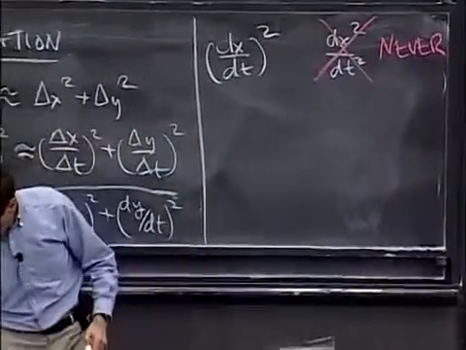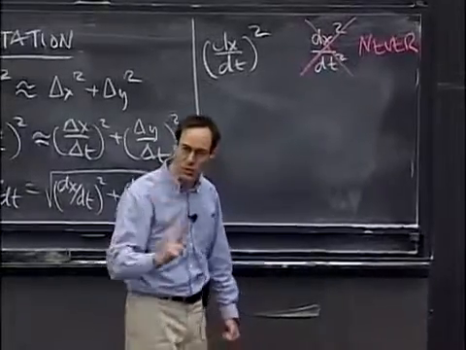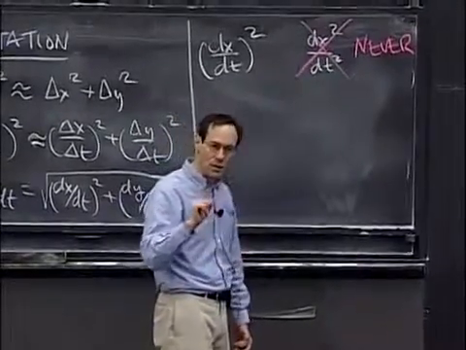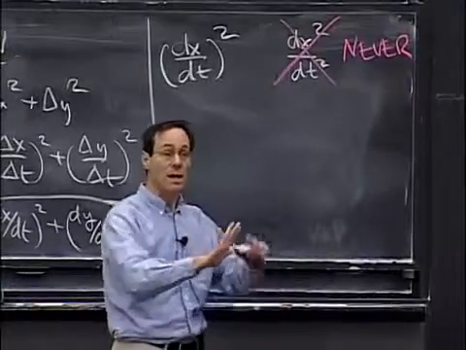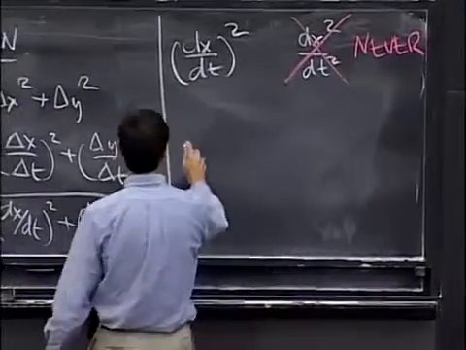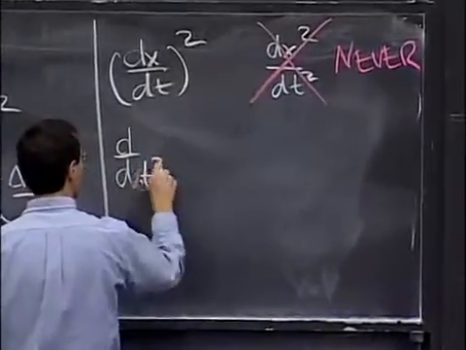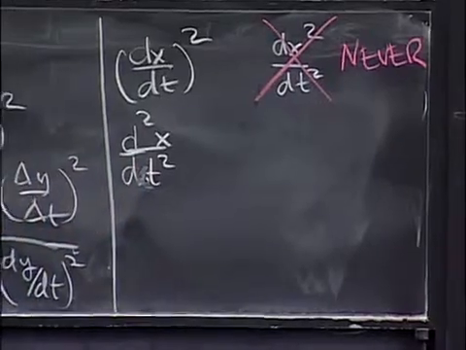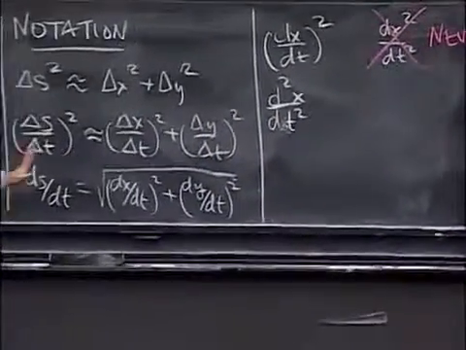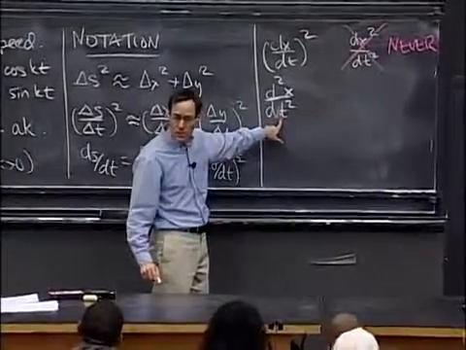But there was another place which is slightly confusing. It looks very similar, where we did use the square of the differential in a denominator. And I just want to point out to you that it's different. It's not the same. And it is OK. And that was this one. This thing here. Okay? This is a second derivative. It's something else. And it's got a dt squared in the denominator, so it looks rather similar.